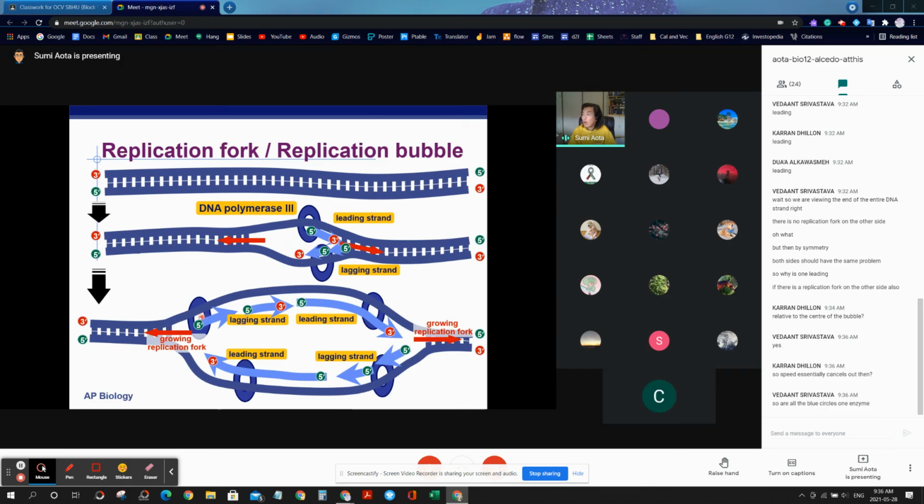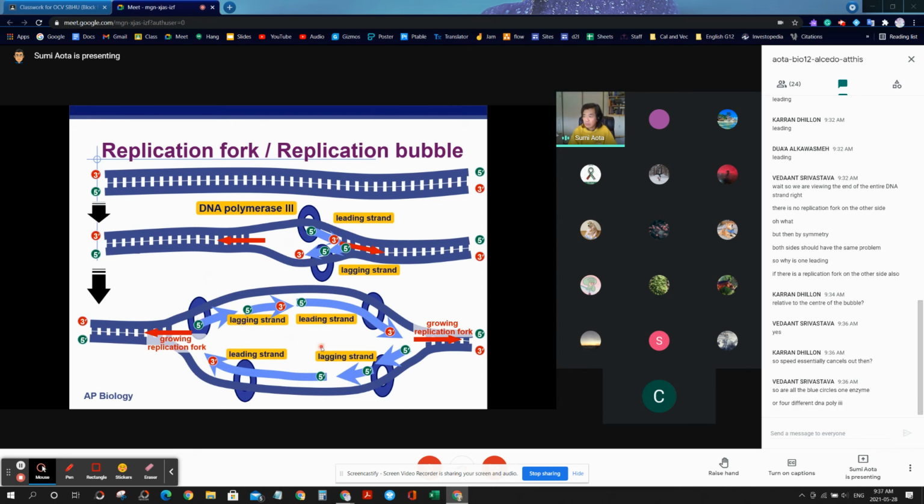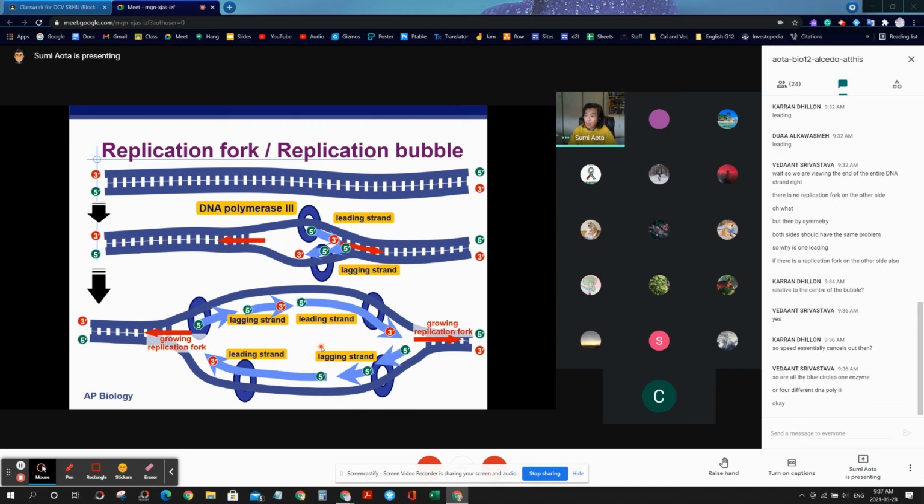No. So there are 4 DNA polymerase 3s running on this particular model. And in fact, there'll be more than that, right? Because there'll be one DNA poly here, another one here, a third one here, a fourth one here.